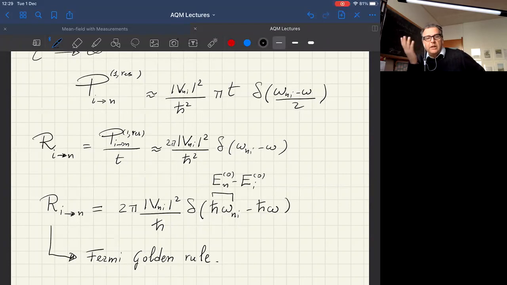So the frequency should be very well resolved in order for the system to absorb it at that energy. Of course, you have absorption also when you are slightly detuned from the resonance frequency, right? So this is possible.